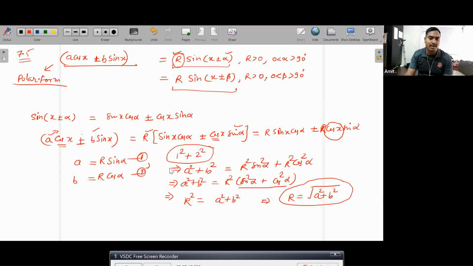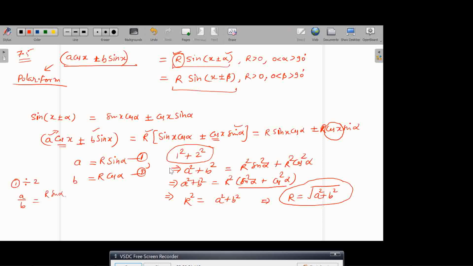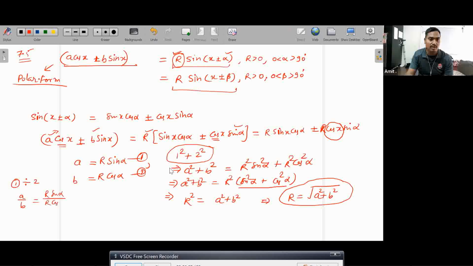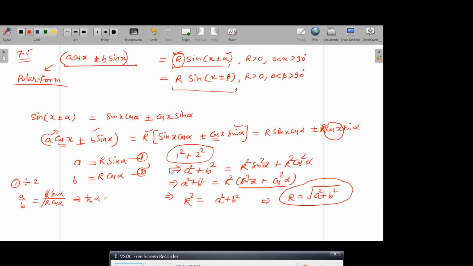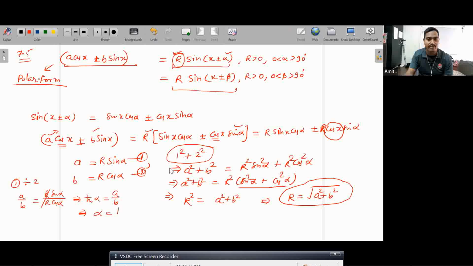If we divide equation 1 by 2, we get a by b is equal to r sin alpha upon r cos alpha. The r and r cancel, so we get tan alpha is equal to a by b, or alpha is equal to tan inverse of a by b.